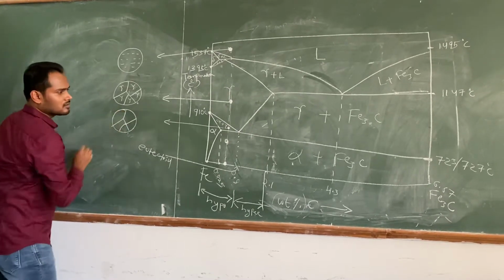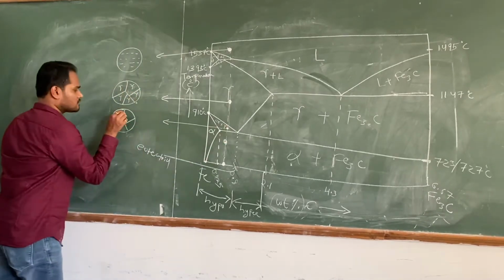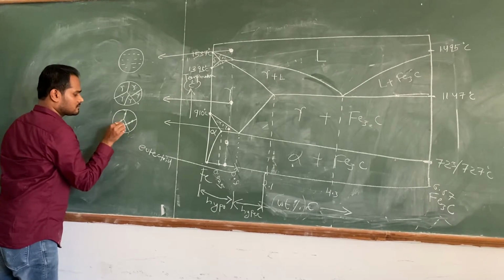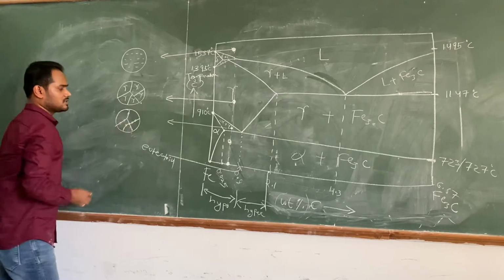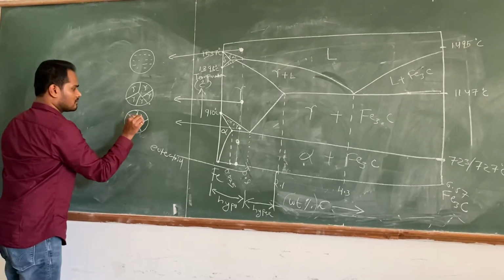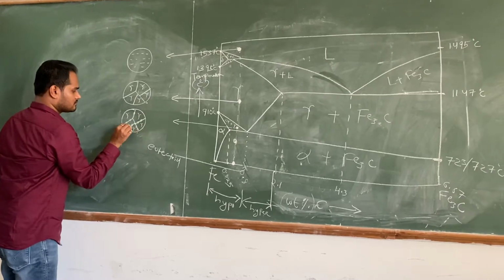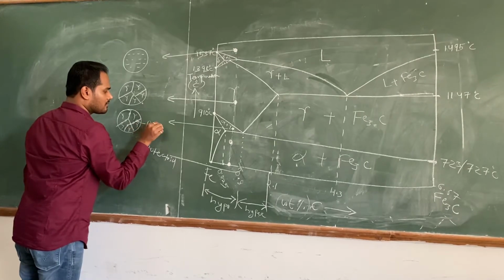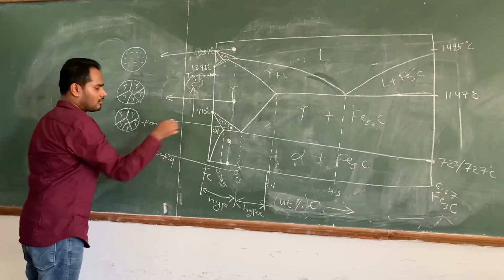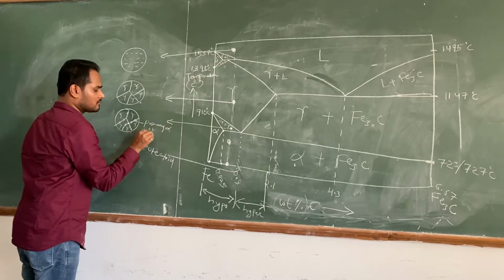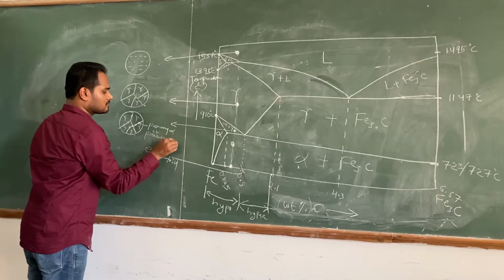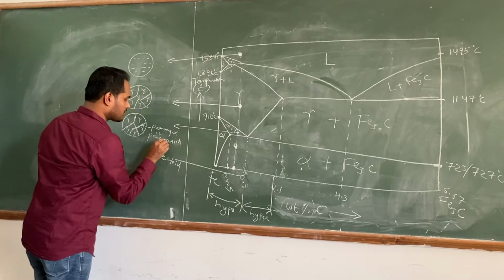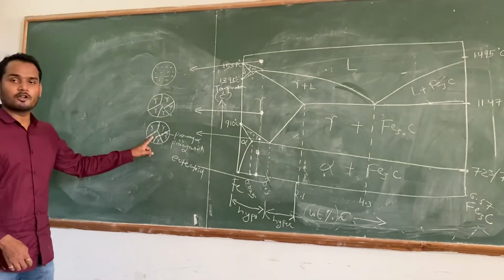I can show points like this. Okay? That means this is gamma. But what are these? These are primary alpha, or some people call it proeutectoid alpha. So the proeutectoid phase forms along the grain boundaries.